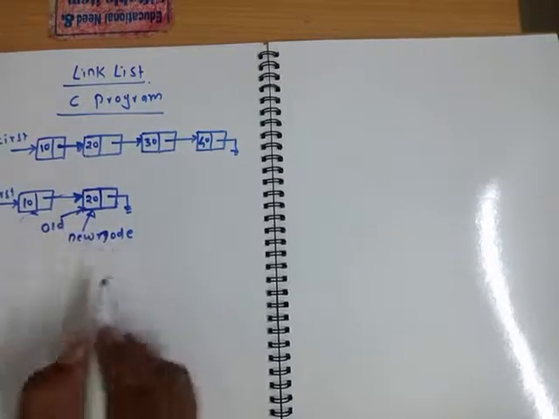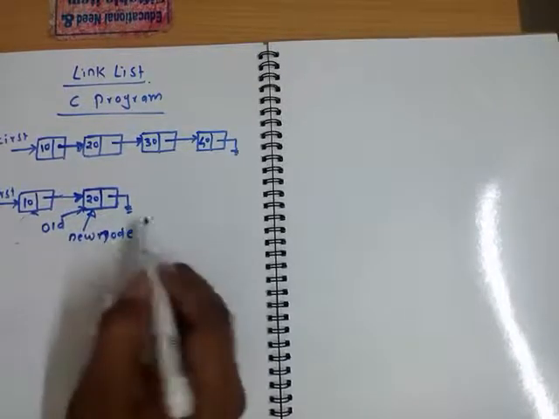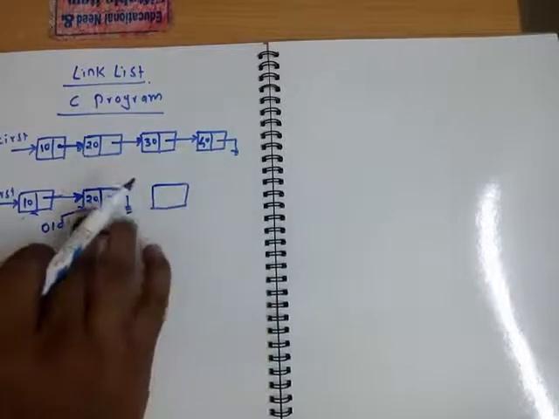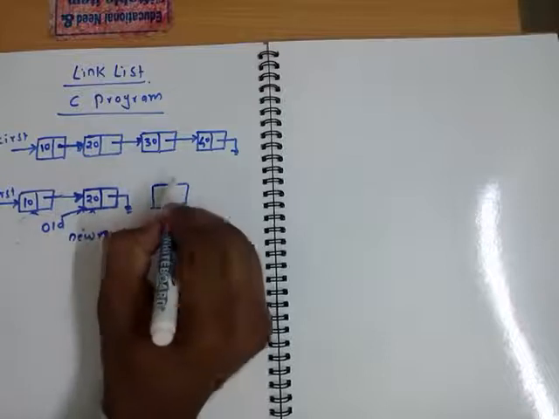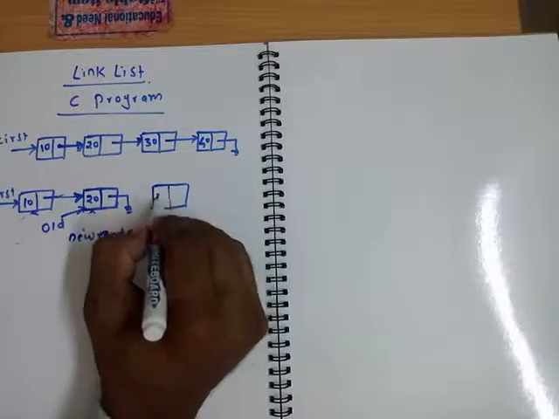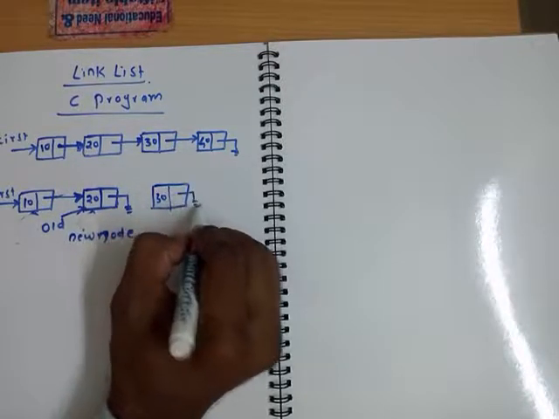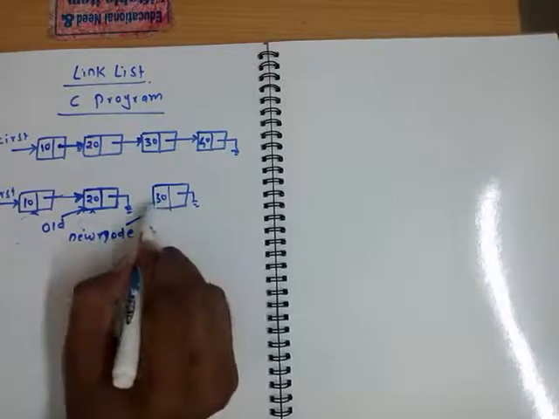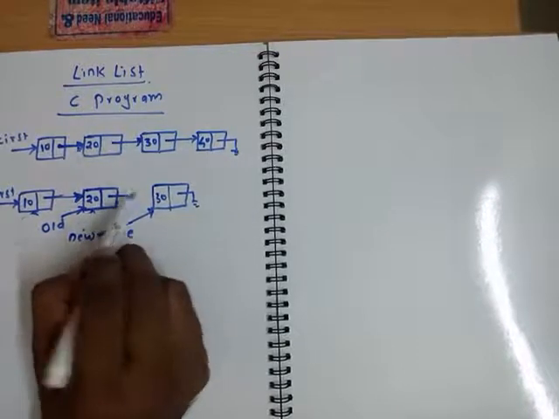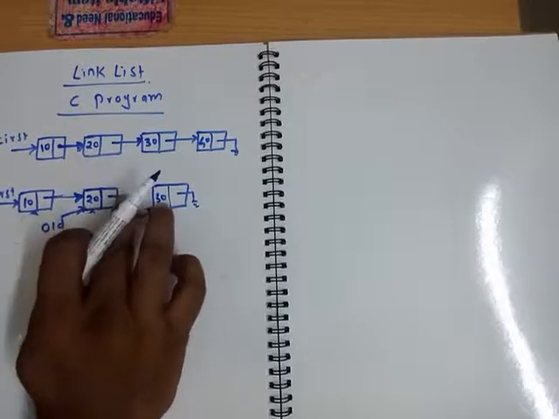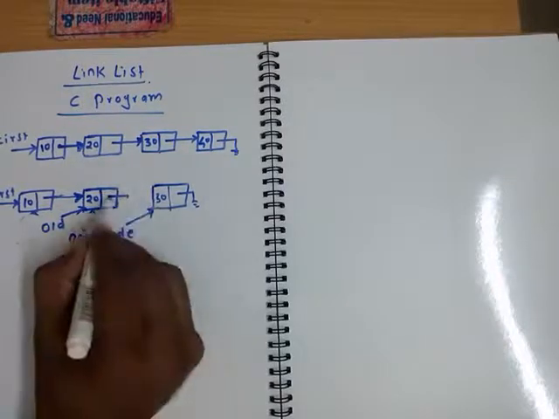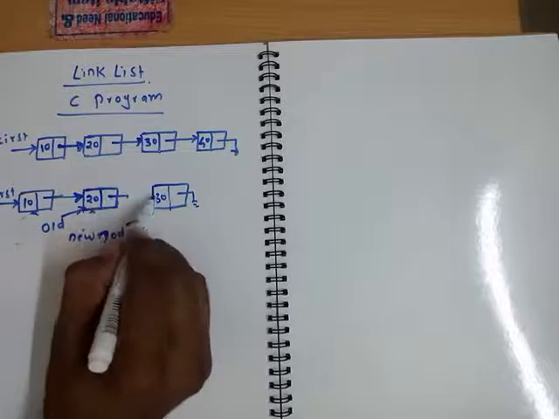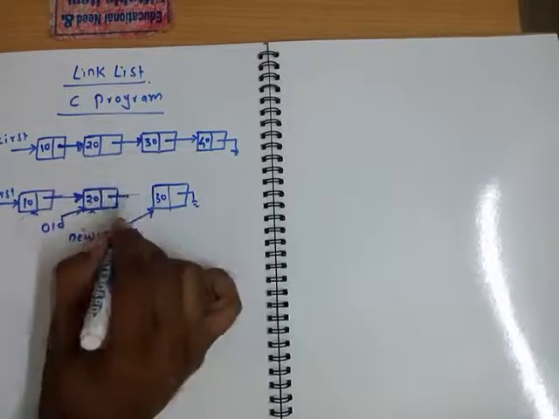And then I'll use new node again to create a new node. So new node will not point to this node now, but will point to the newly created node. So new node is pointing here. Once I have new node and this is the old node, I'll simply say the next pointer, the name of this pointer by the way is next, of the node pointed by old will point to the new node location.